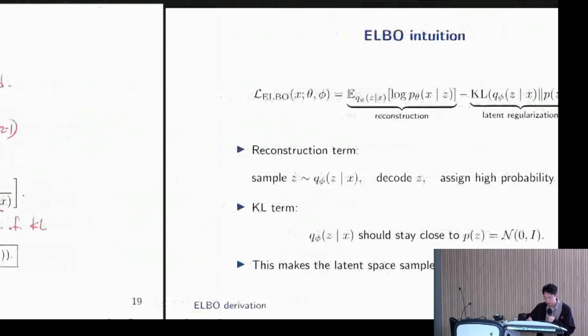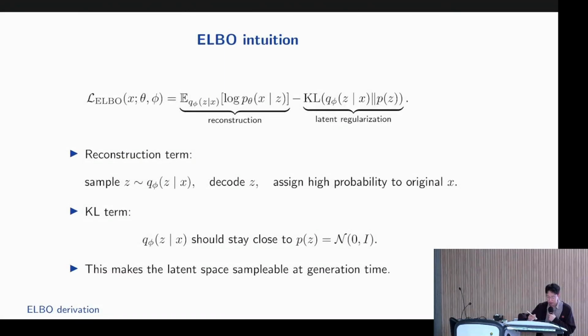First thing, the first term encourages good reconstruction, right? The execution order is important. Number 1, you sample X from your data set. It gets inserted into our encoder.